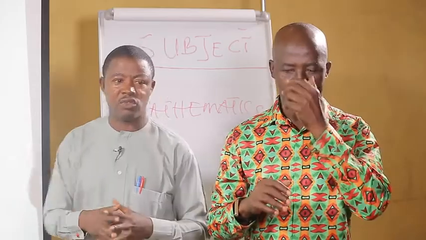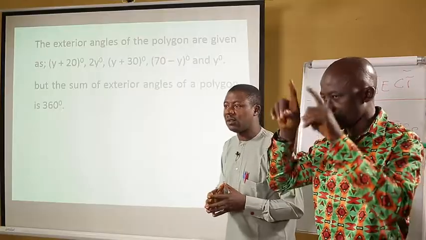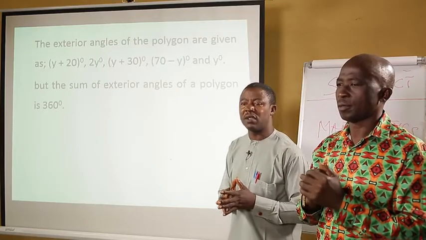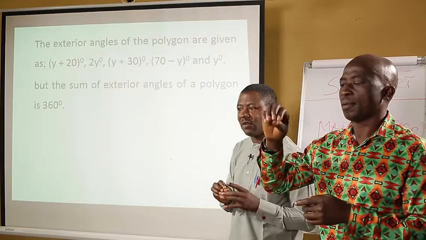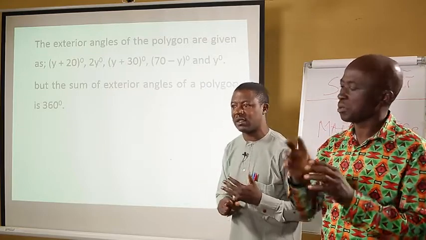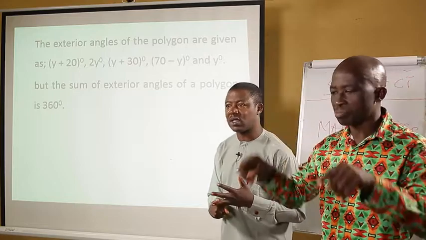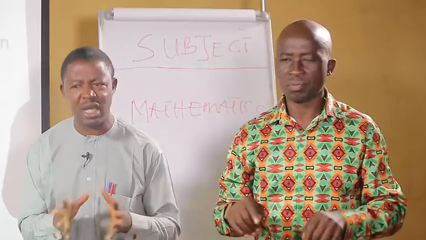Take note, my student, if you observe the question very well, we were not given the number of sides of the polygon. It wasn't spelled out whether it is a triangle, a quadrilateral, a pentagon, a heptagon, or any type of polygon.